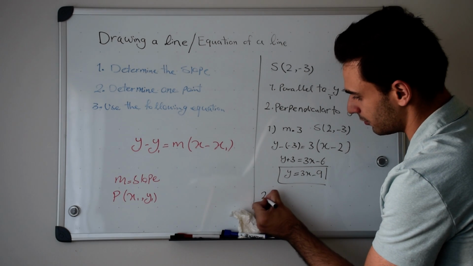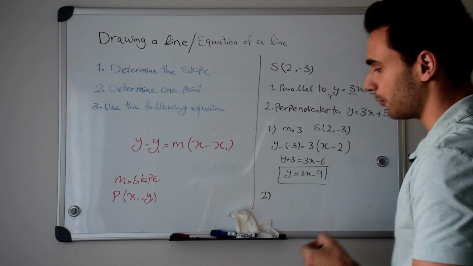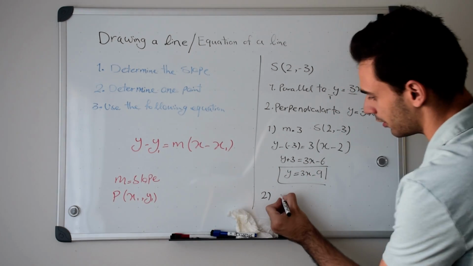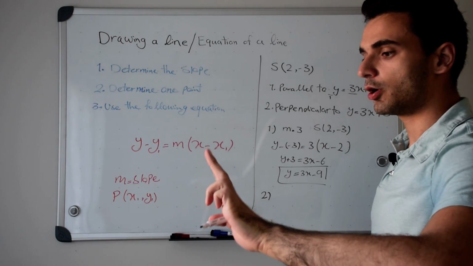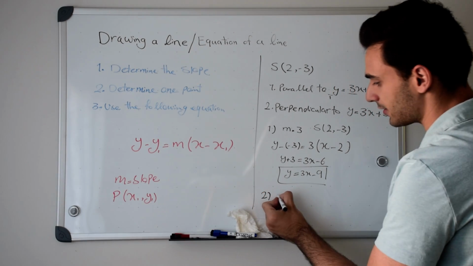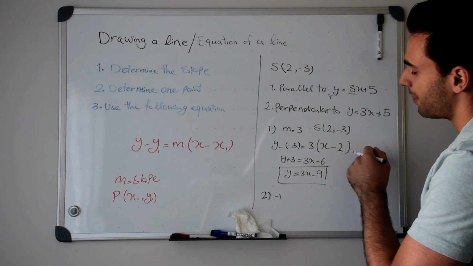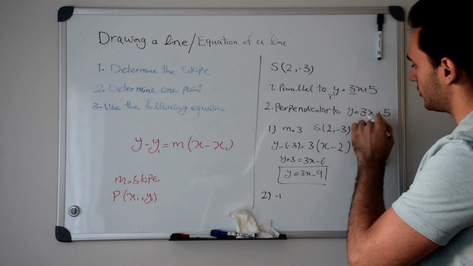For number 2, how can I solve it? It says perpendicular to this line. So we know from the last video again, when two lines are perpendicular, when you multiply their slopes, the answer is minus 1, right? So what should be the slope of the perpendicular line to this one?